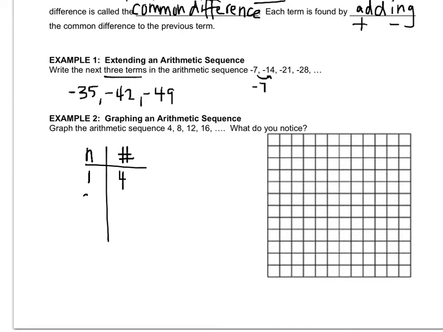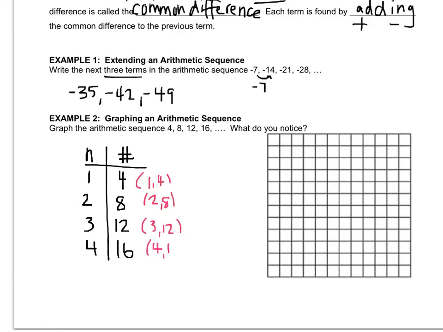When n is 2, I'm looking at the number in the second position. N is 3, third position. N is 4, that's fourth position. Now you have a set of points that you can graph to create, well, let's see what it turns out to be.